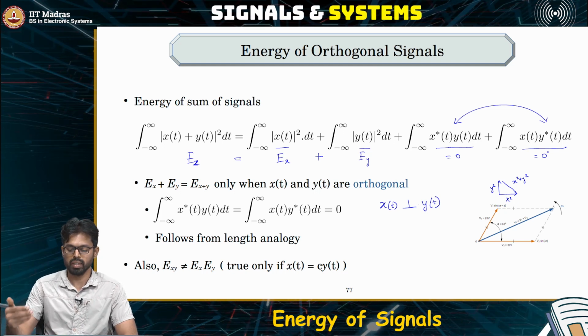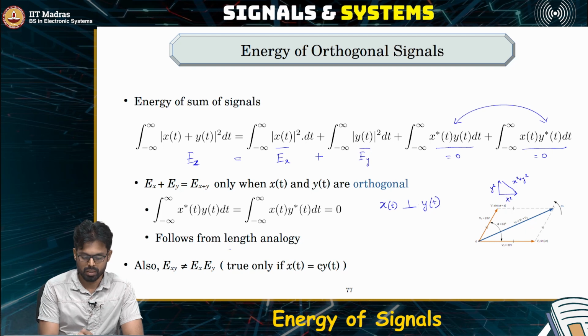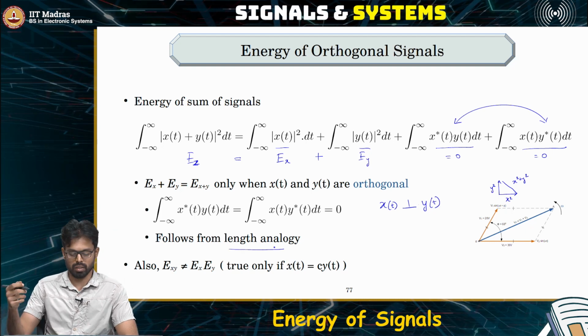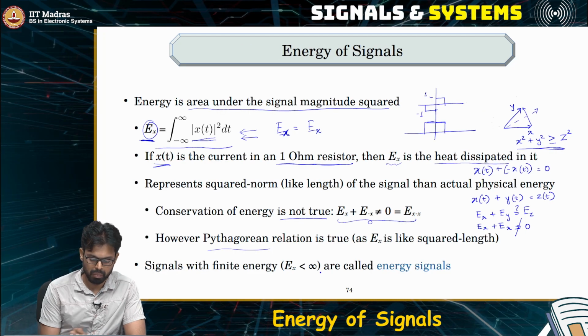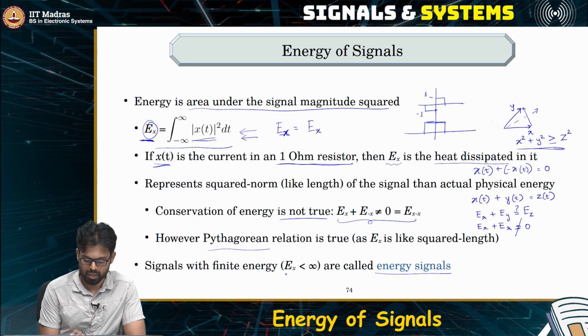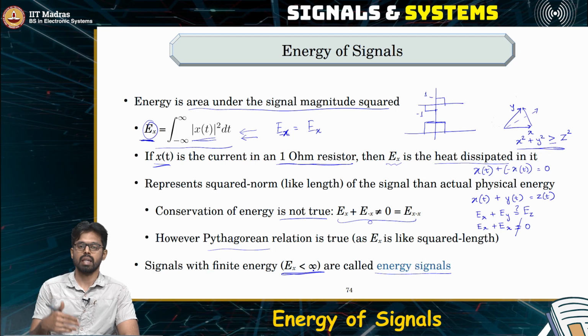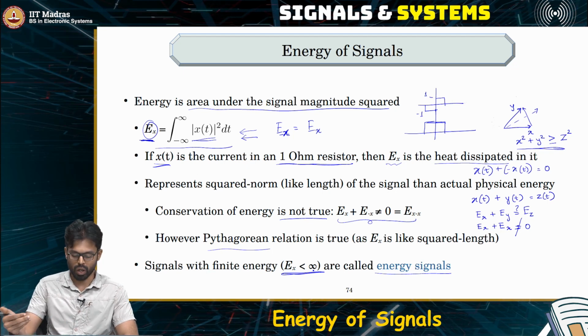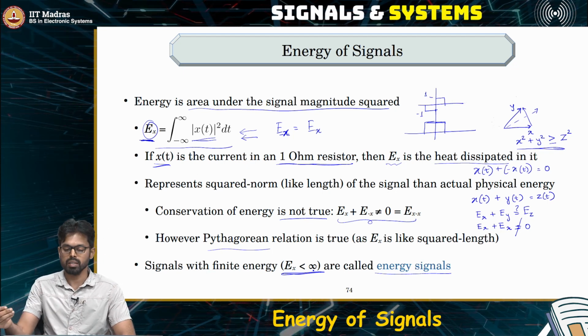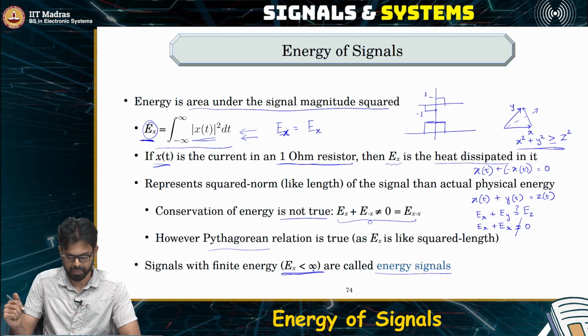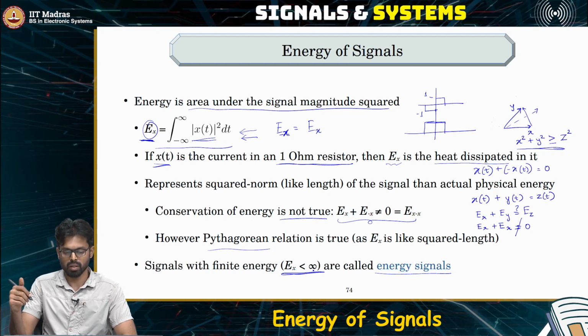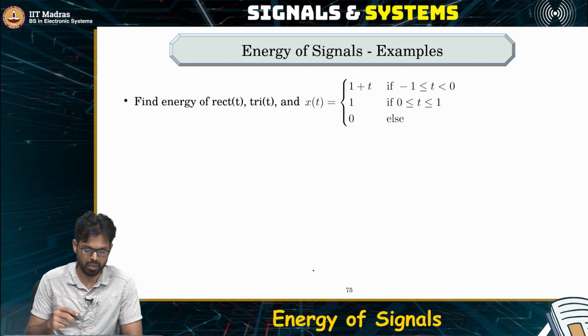This gives a very nice analogy between signals and vectors. Any signal which has finite energy, which means the area under the squared magnitude is not infinity, we refer to as energy signals. Okay. All right. Let's see some examples.